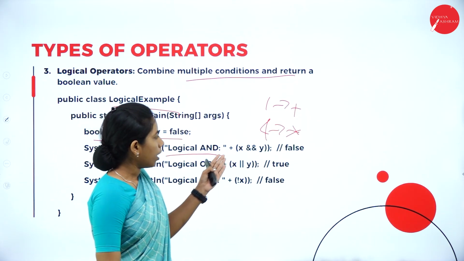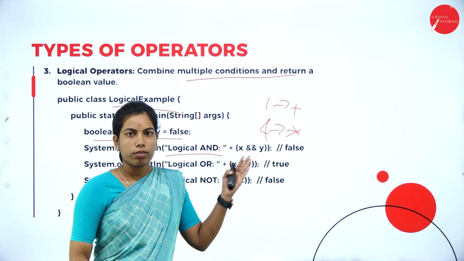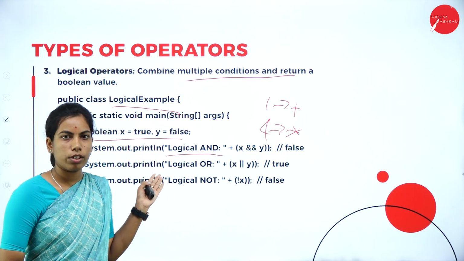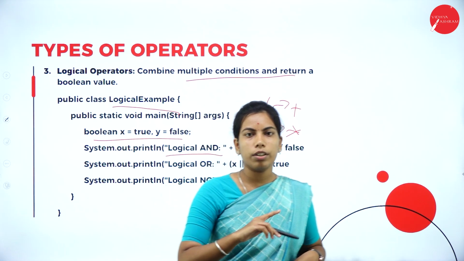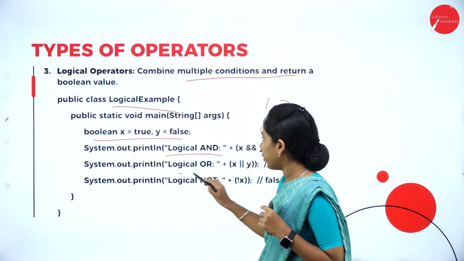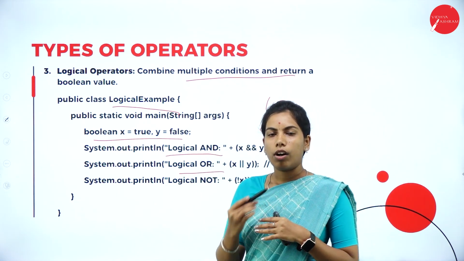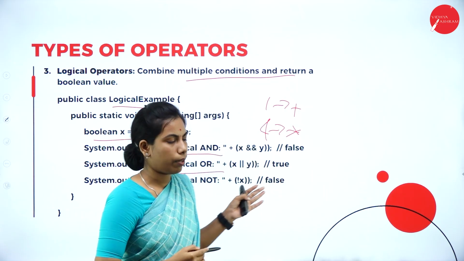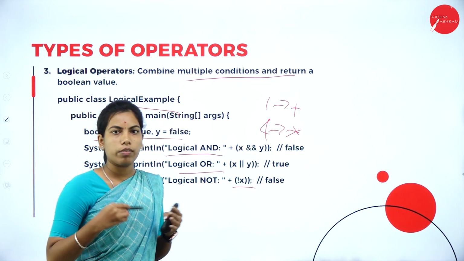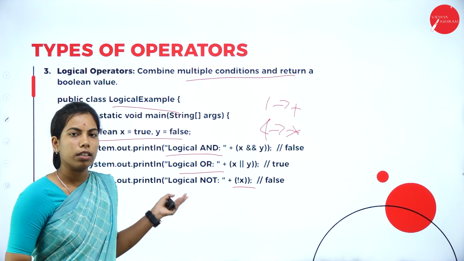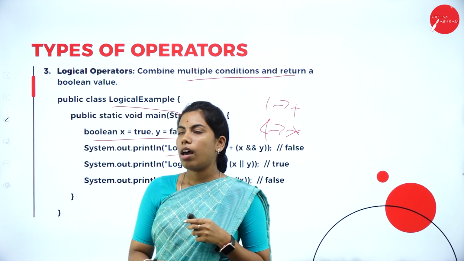So x and y results as false. Why? Because true and false is equal to false, and true or false is equal to true. Why? Because either true or false will be taken, but the logical OR will always take the true one. And also compare NOT x, which means not true is false, right? That is how you have to use logical operators.